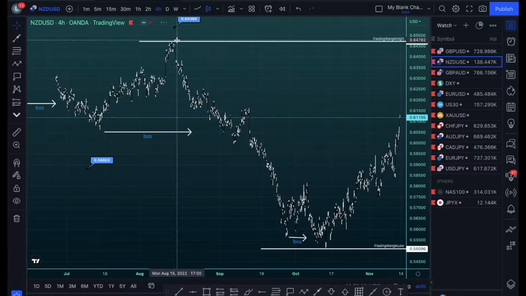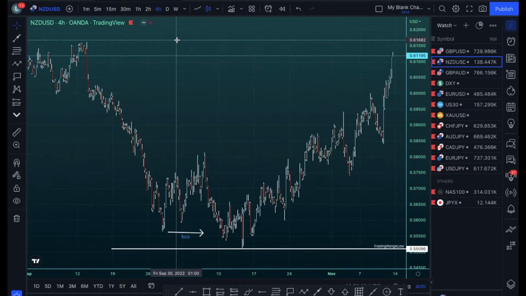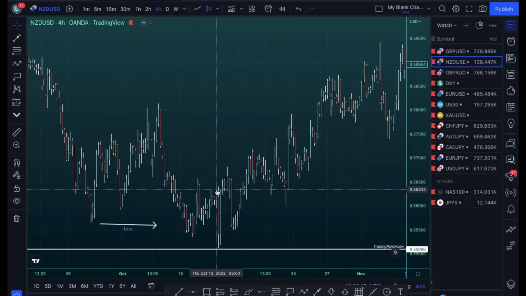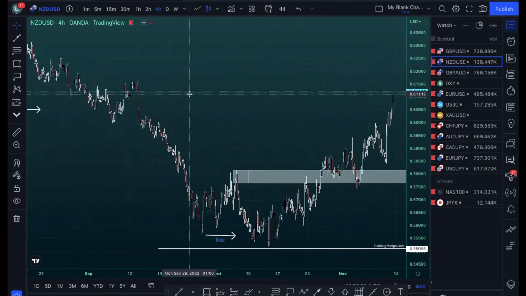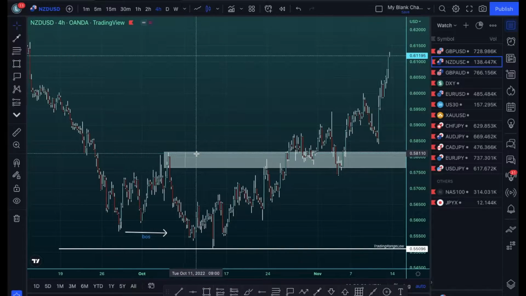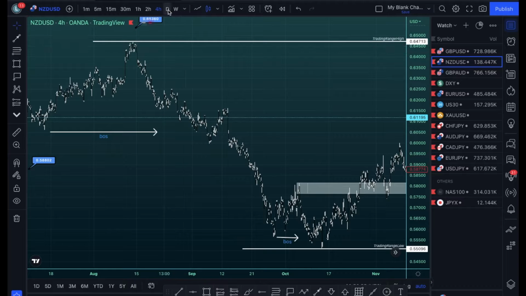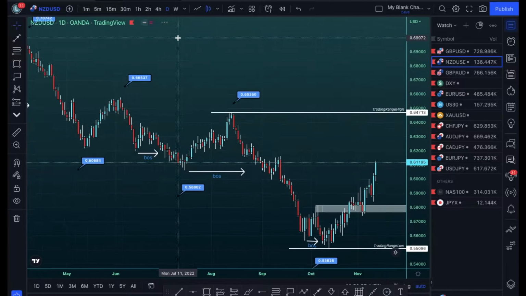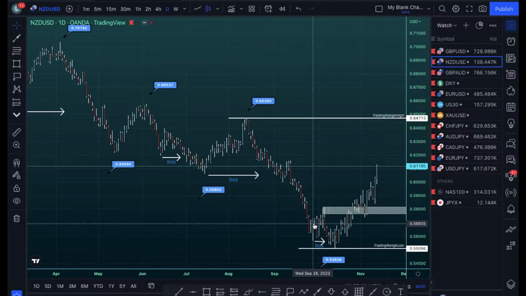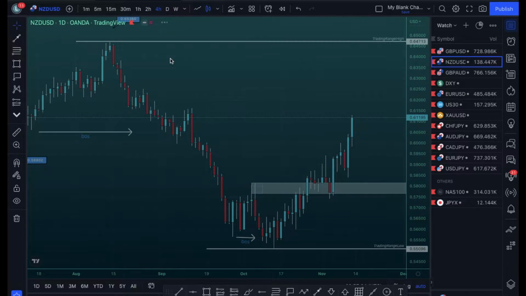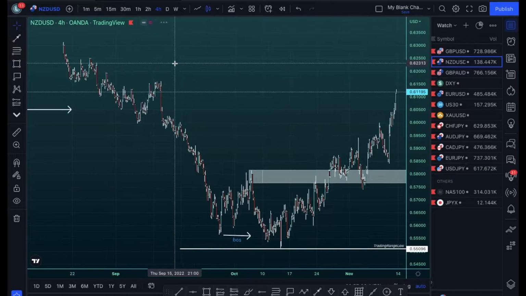So on this pair last week, I was trying to get into sales, right, and it was off this level right here, right? So I was looking for sales here on this level because price was overall bearish, right? On the daily time frame, price is overall bearish, breaking lows, lower low, lower high. So if the price is bearish overall, then you obviously want to be selling with the trend, right?